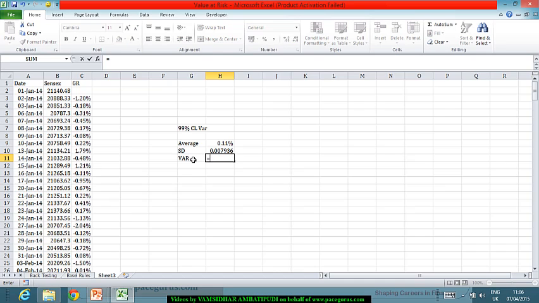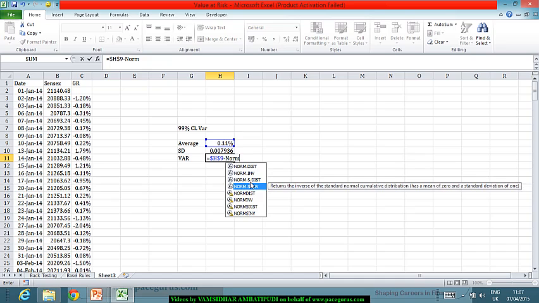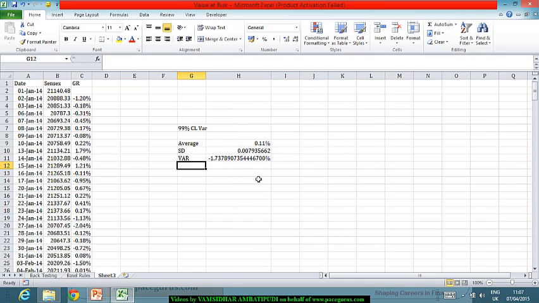I am deciding that particular R, which is the mean minus 2.33 for 99%. So basically I'll take it as norms inverse 99% times the standard deviation. What am I getting?